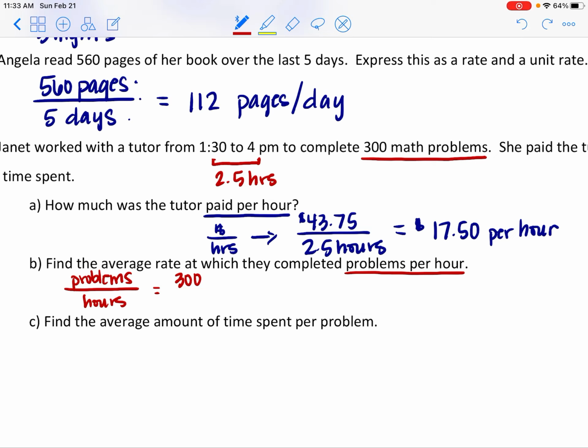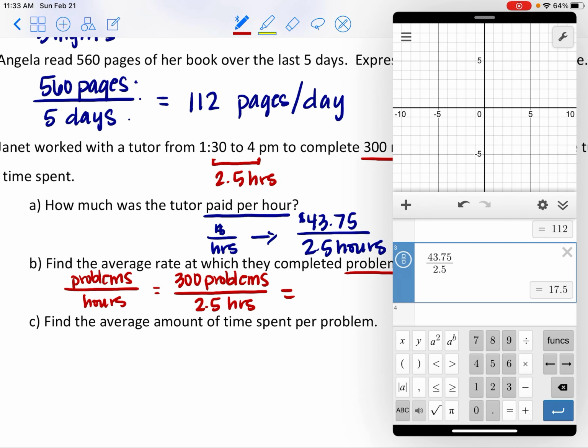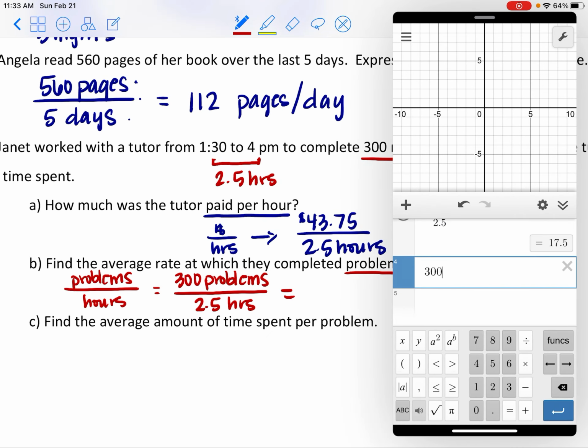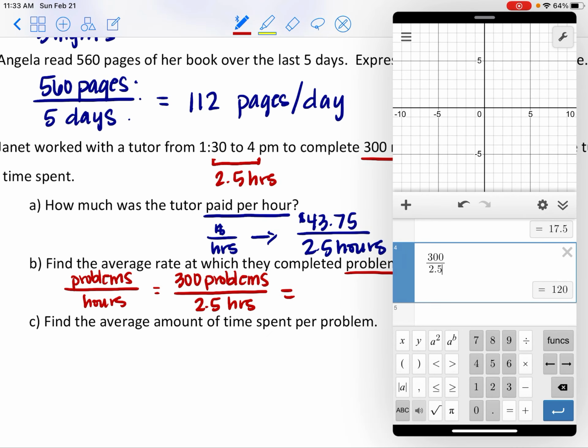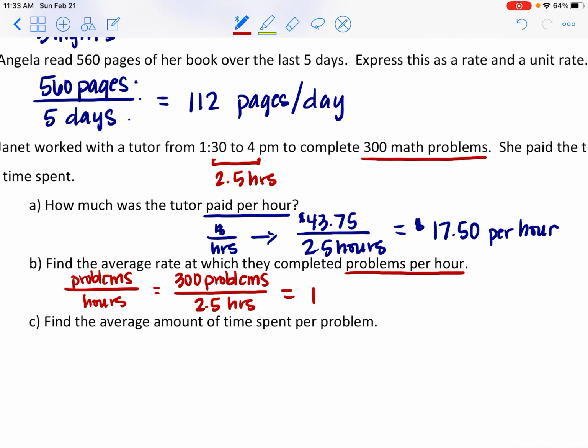Let me put the units there. 300 problems that were completed in 2.5 hours. And so that's going to be, let's divide 300 by 2.5, 120. And again, that's problems per hour. Okay, we've got one more.